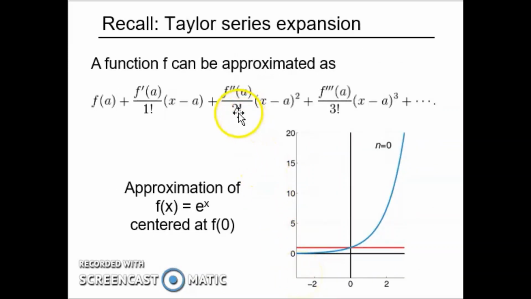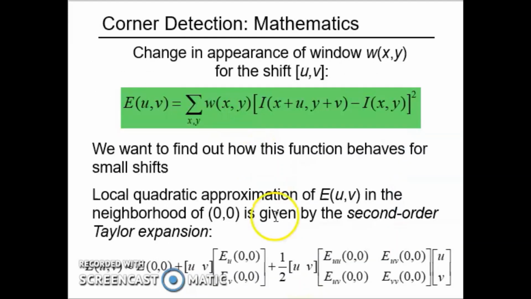There is also a 1 by 2 over here, so 1 by 2 is taken as it is. This u and v for the second term in the previous equation, and then we have the second order derivative that is represented by this matrix, which is E of u u at 0 0, which is the evaluation of the second derivative of E with respect to u at location 0 0, and so on.